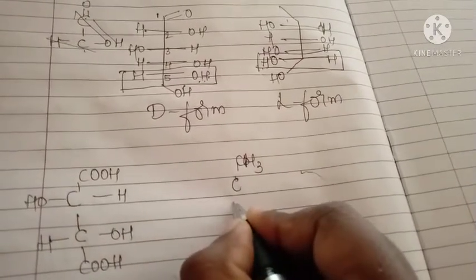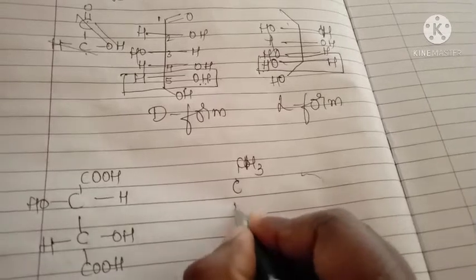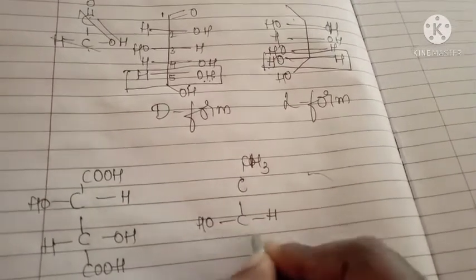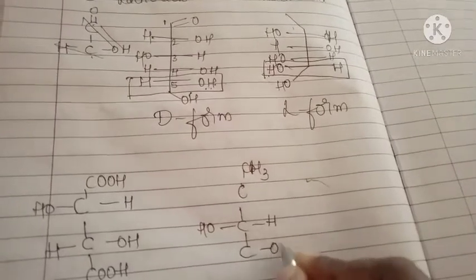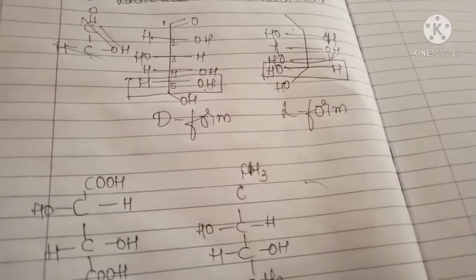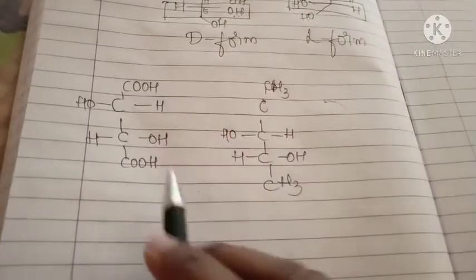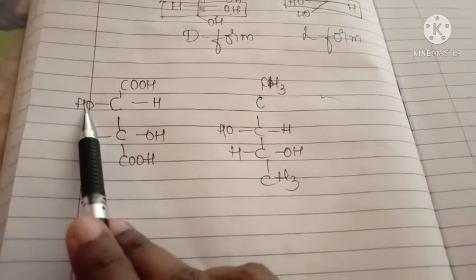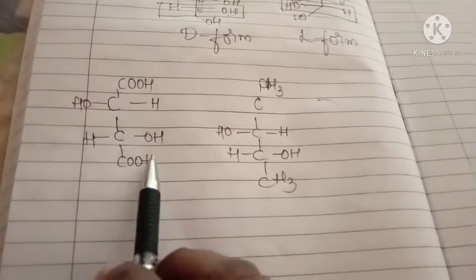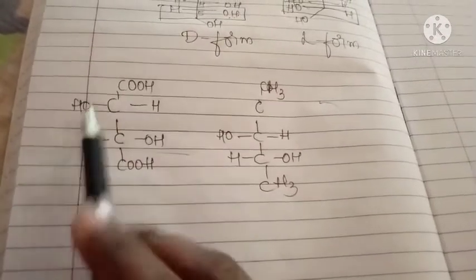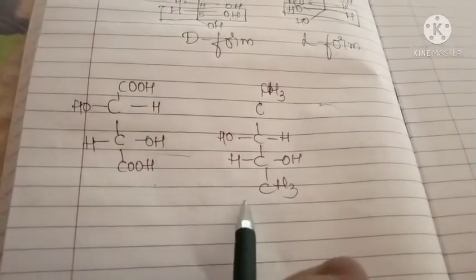This is another compound, CH OH, COH H, CH3. Okay, this is very difficult to know about the D and L form, because on the left side here the OH group is there, and here also the OH group is there. It is very difficult to know the D and L configuration.